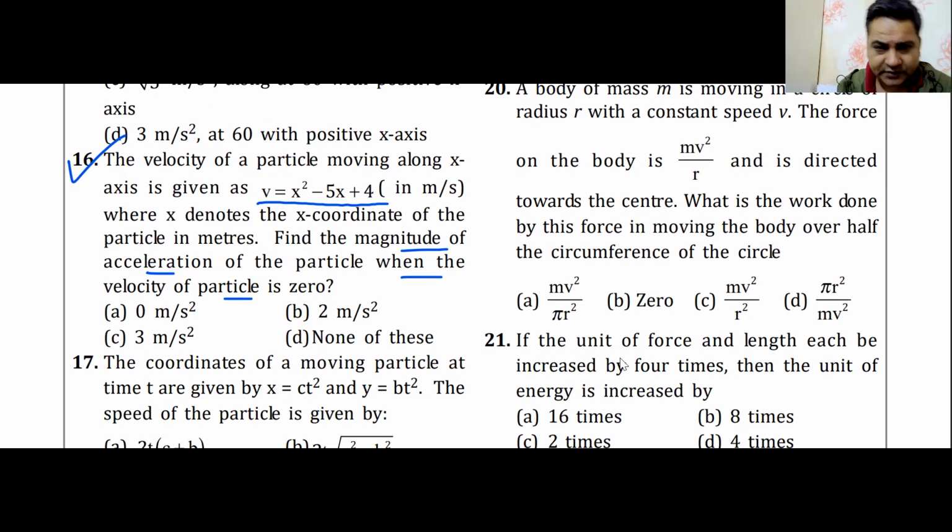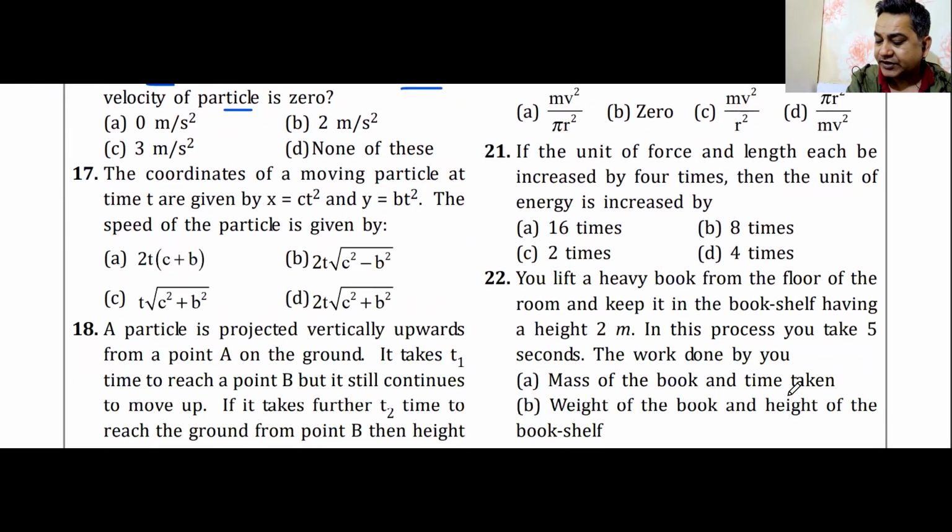Now velocity is given. From velocity, how will you find out acceleration? Acceleration is v into dv by dx. So multiply v by dv by dx and you get your answer. You will get the value of acceleration as a function of x. Put the value of x from the previous equation in this equation and you have your answer straight away.